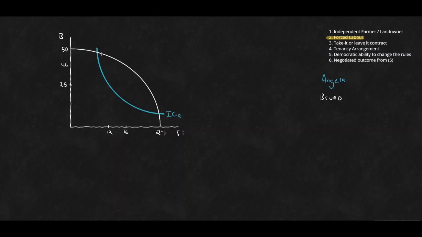So the result is that at any point, Bruno would receive the vertical distance between what the land is capable of producing and what Angela would need to receive to keep her from trying to escape. And we see that Bruno would get these vertical distances as his profit, his benefit from this arrangement.